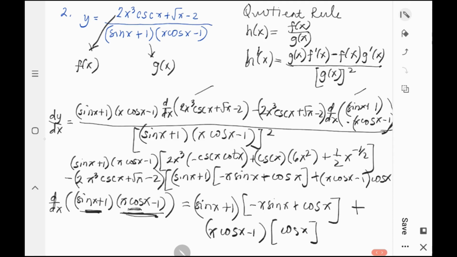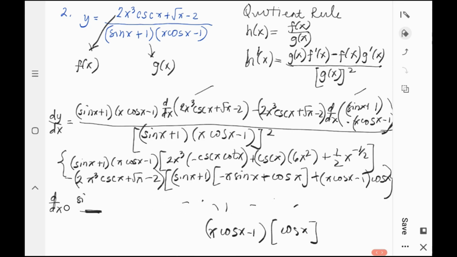Okay. So this whole thing is the numerator. And don't forget to write the denominator.